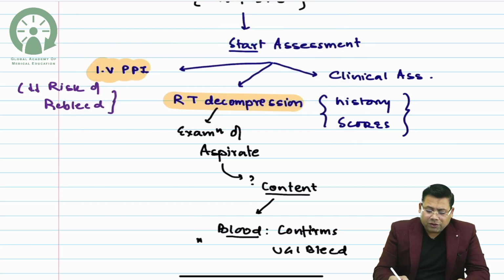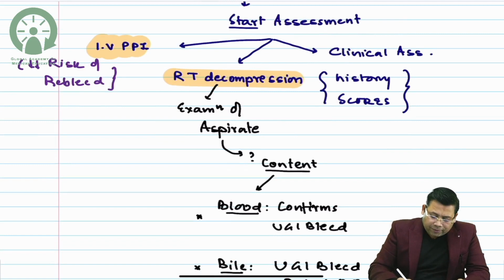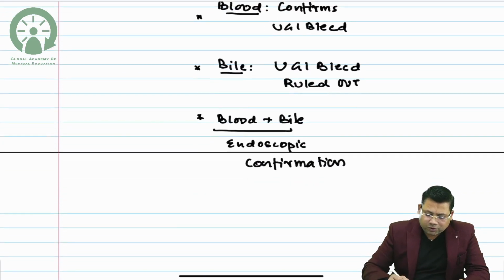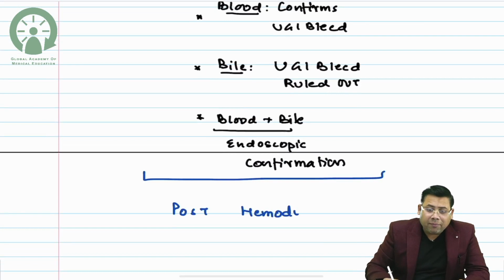So once you have done all these things, now is the time, post hemodynamic stabilization. You have started with Ryle's tube decompression, and now post stabilization, what type of stabilization? Hemodynamic stabilization.